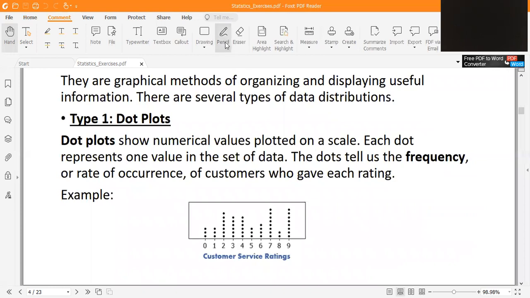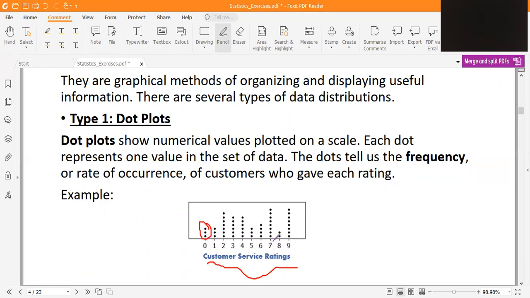Here, for example, we have dots below. What do we mean by these dots? The topic of the study is customer service rating. We have 1, 2, and 3 dots, meaning 3 customers rated the customer service as 0 out of 10.